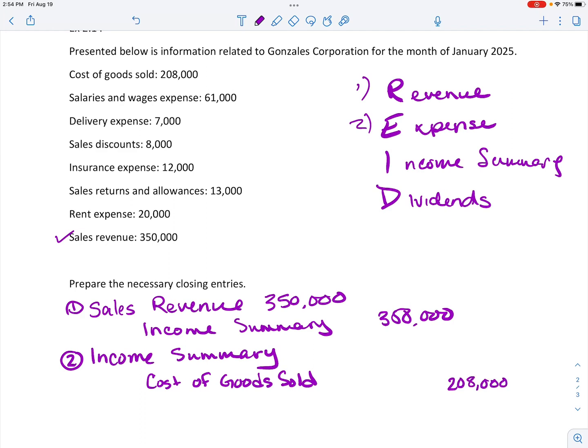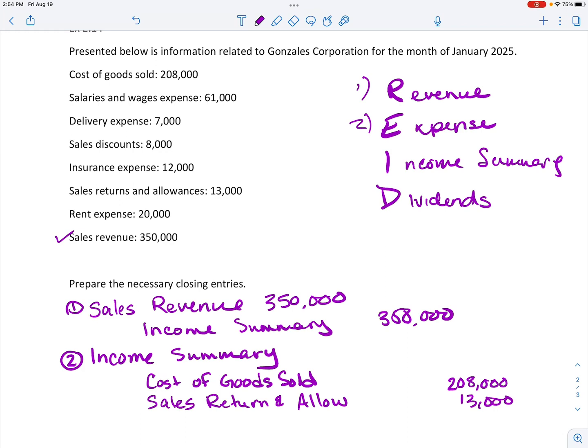I'm going to first go in order of how it's going to show up on our income statement, just to get in the habit of that. So I'm going to then credit our sales returns and allowances, and that is $13,000.